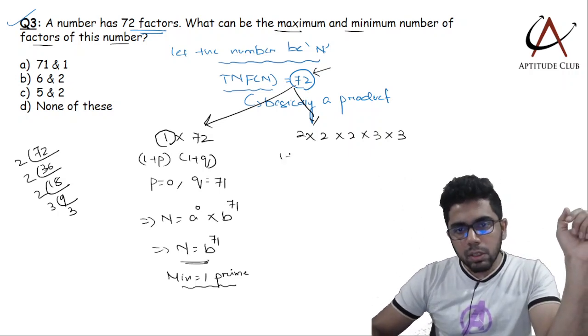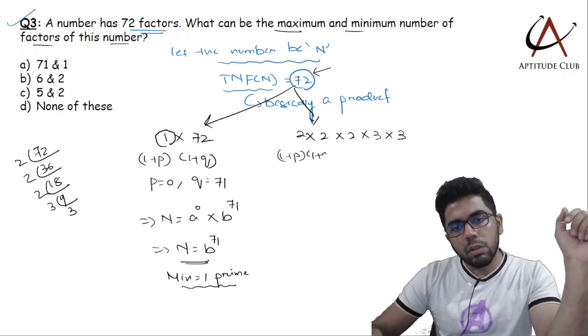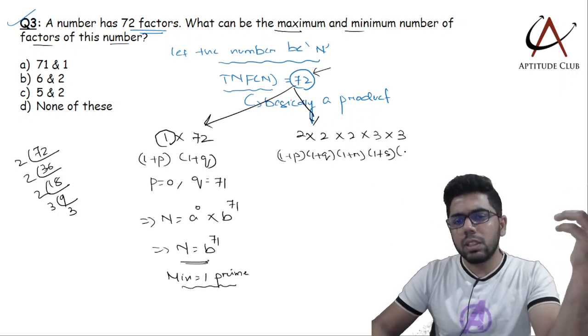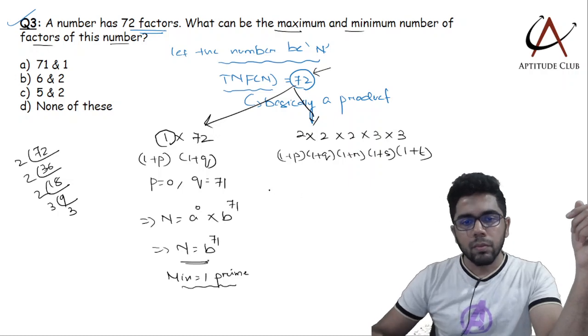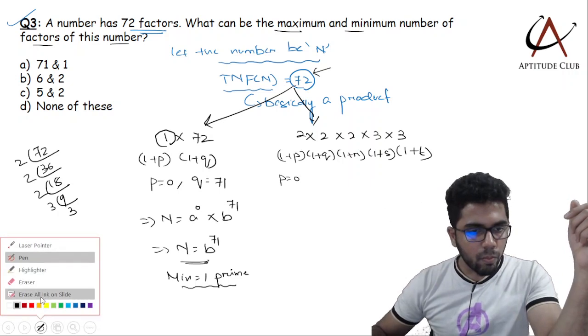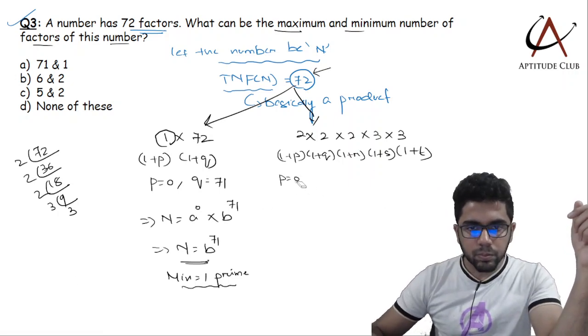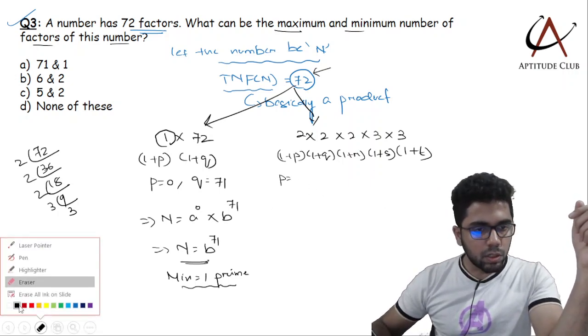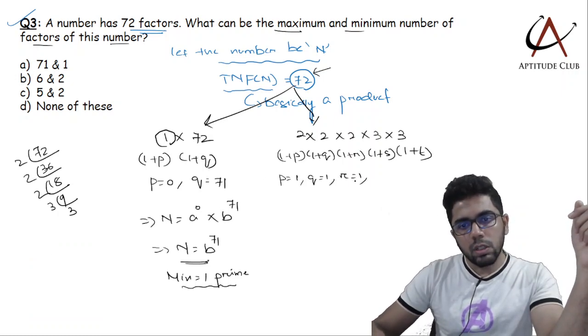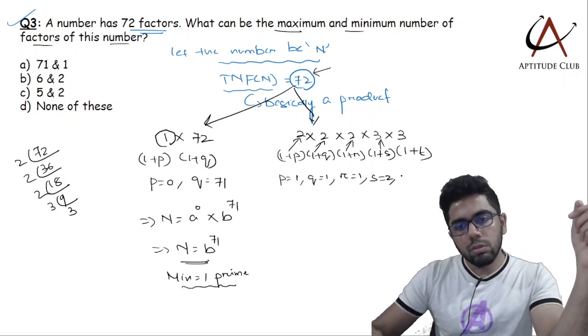So now if I compare it to 1 plus p into 1 plus q into 1 plus r into 1 plus s, क्योंकि ये चलता रहता है यहाँ पे 1 plus t, that means p is equal to 1, q is equal to 1, r is equal to 1, क्योंकि 1 plus p is 2, 1 plus q is 2, 1 plus r is 2, 1 plus s is 3, so s is equal to 2 and t is equal to 2.